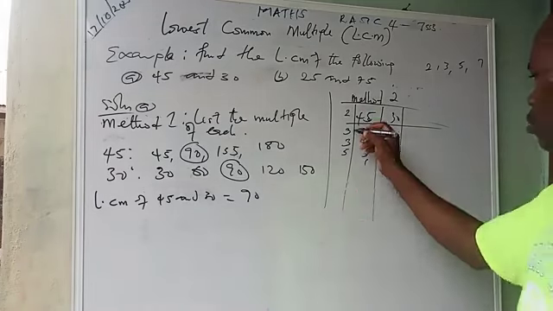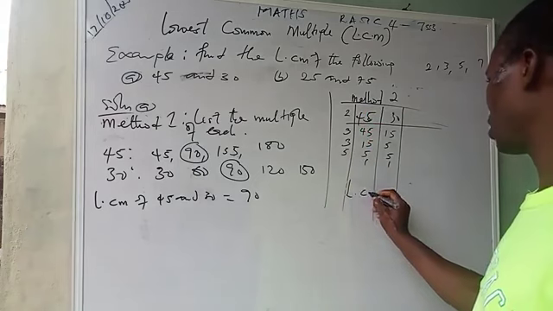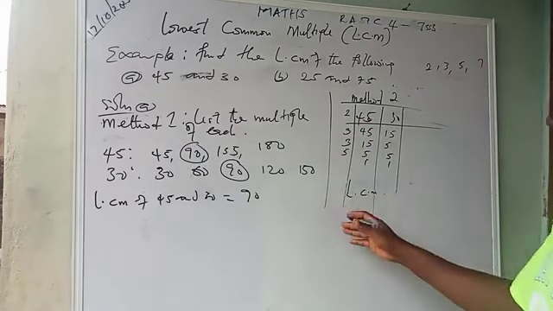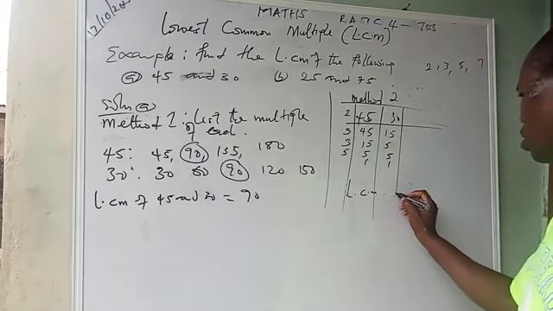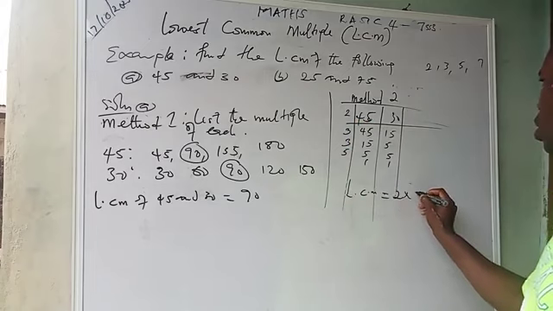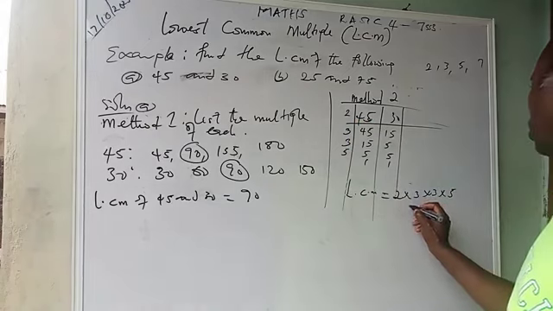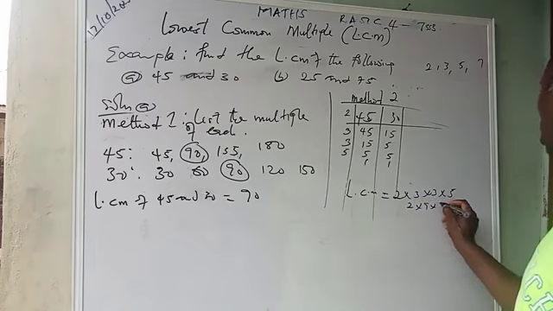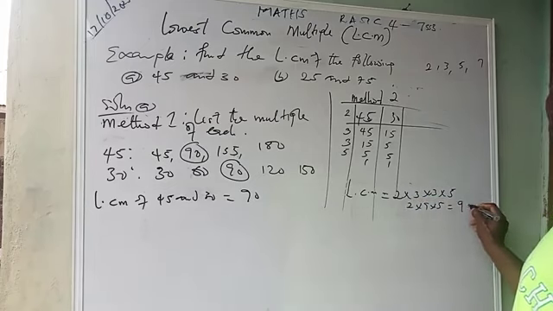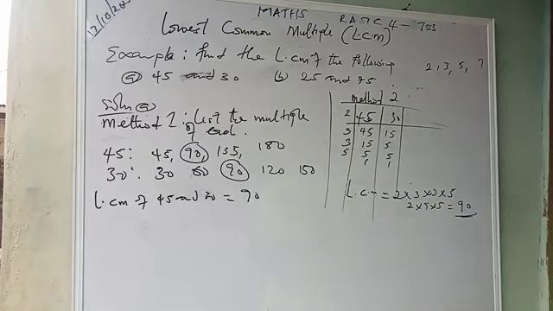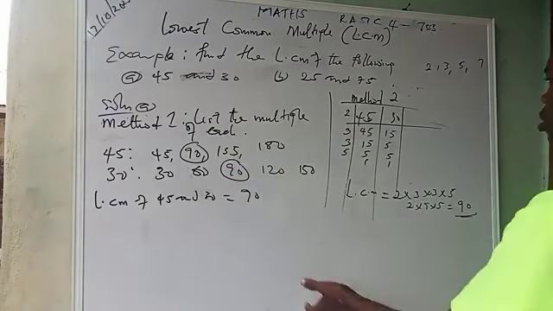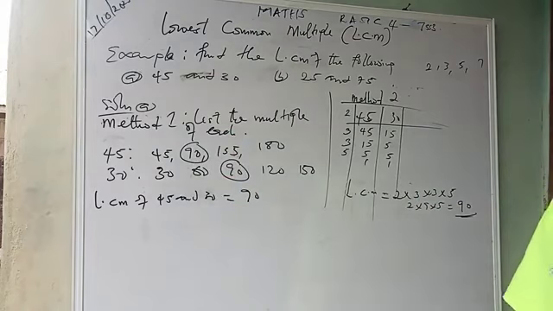So your LCM now is the product of the factors. 2 times 3 times 3 times 5 is 2 times 9 times 5, which gives you 90. Whichever one you want to make use of, either this or this. You get that now? Okay.